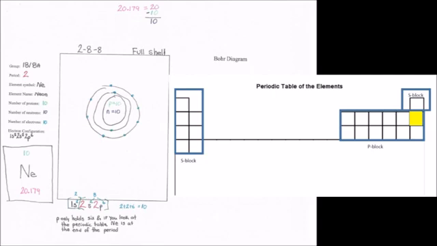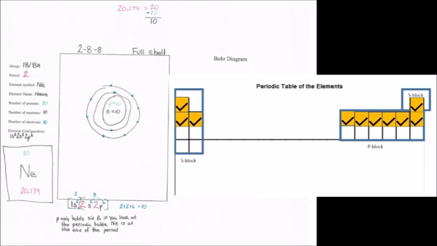Slight detour. As we look at more detail of neon, you're going to see that we are all the way back over to group 18, 8A. So we're right below helium, which means we have another full shell. Anything on that last column, group 18 or 8A, means we have a full shell.